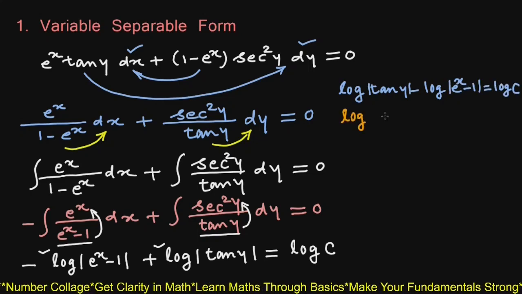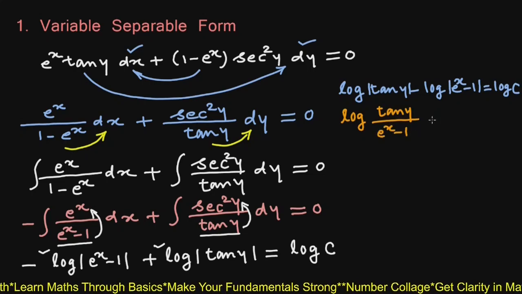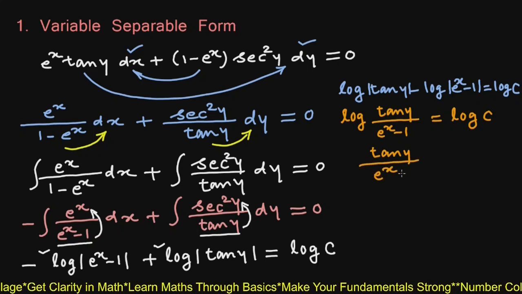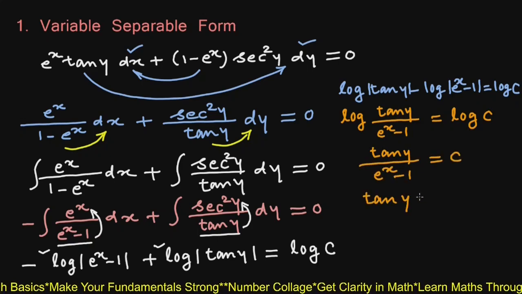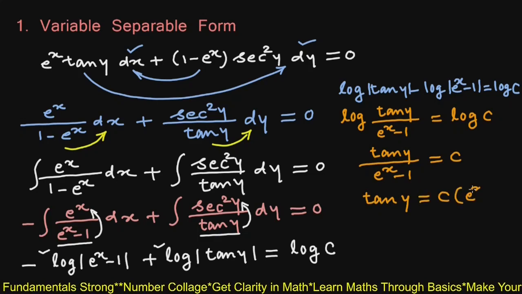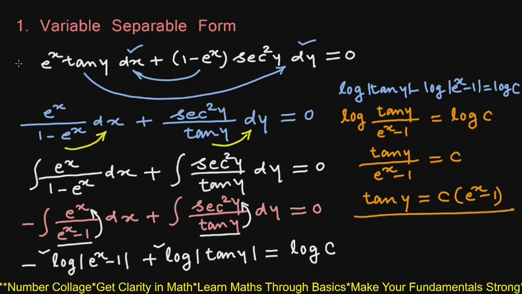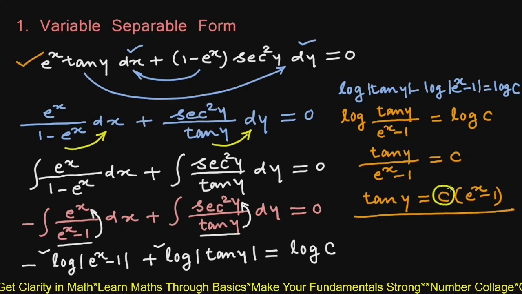That will be log tan y upon e raised to x minus 1 equals log c. This will be tan y upon e raised to x minus 1 equals c, or tan y equals c into e raised to x minus 1.